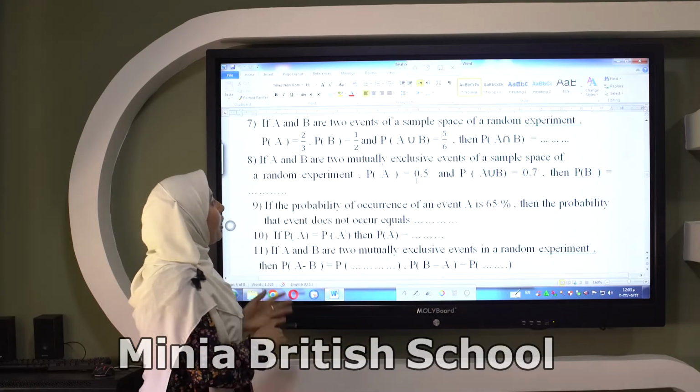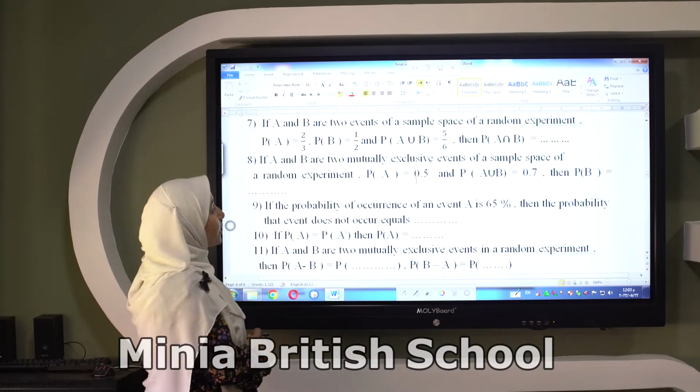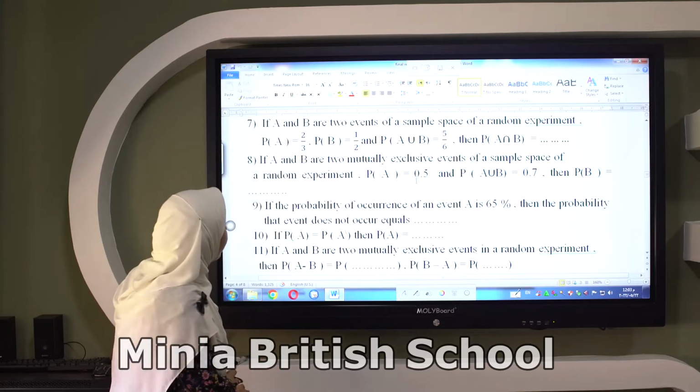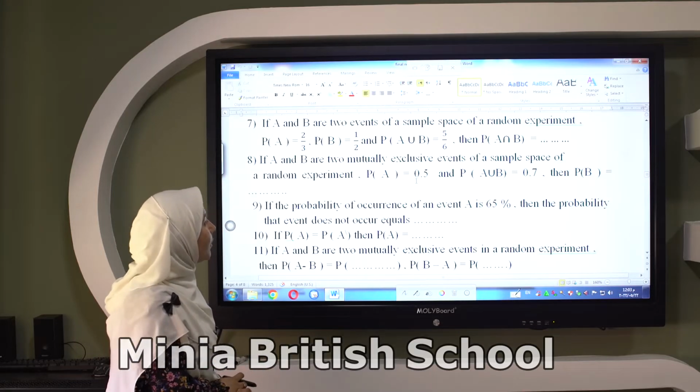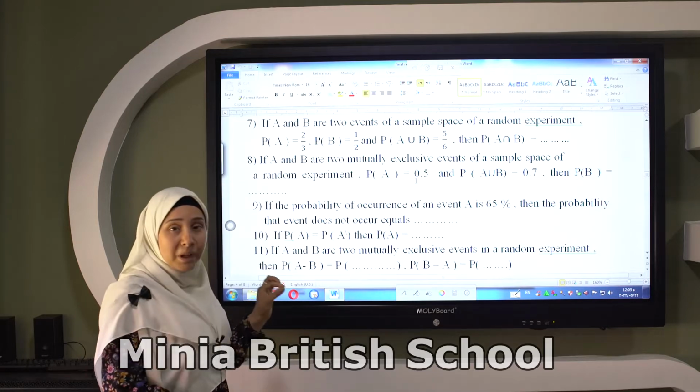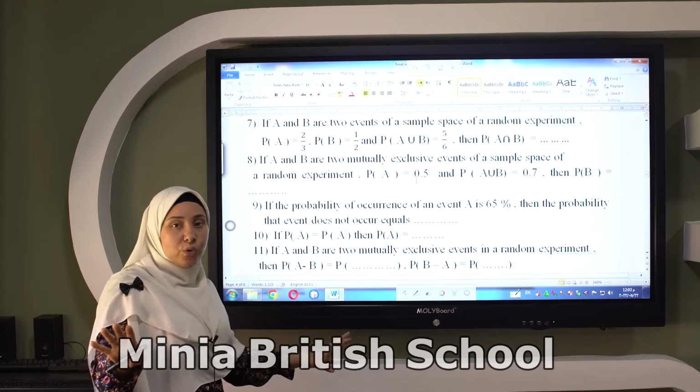If A and B are two events of a sample space of a random experiment, and P(A) equals 2/3, probability of B is a half, and probability of A union B equals 5/6, I need the probability of A intersect B, the same rule.